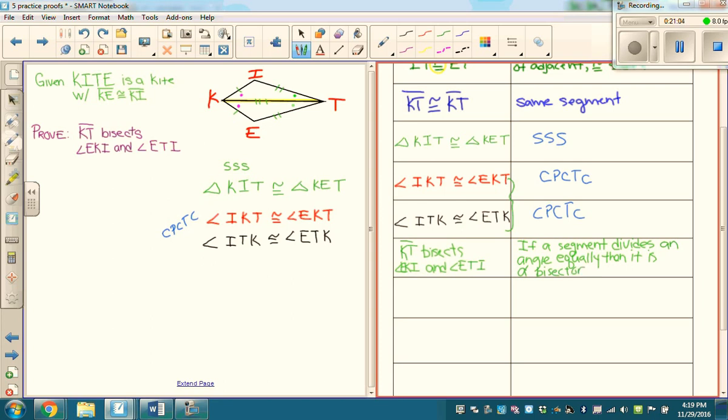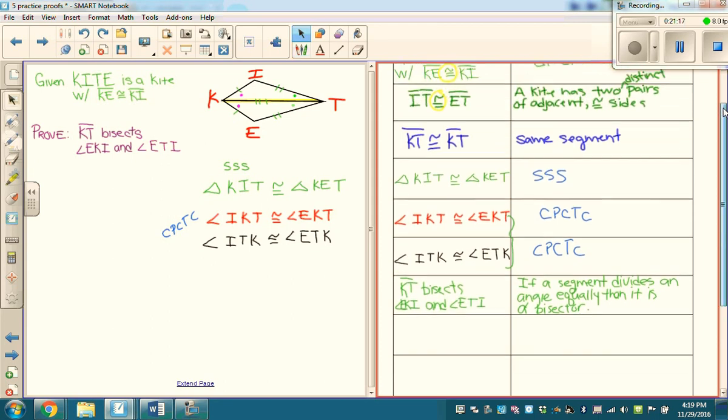So KT is a bisector. And that's that one. That's a shorter proof. I think it's a little bit easier.